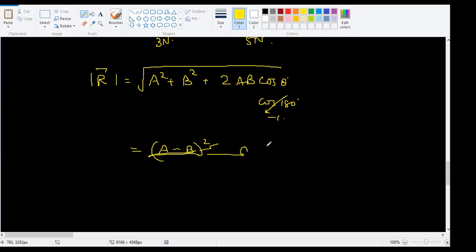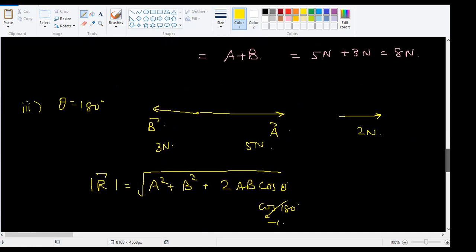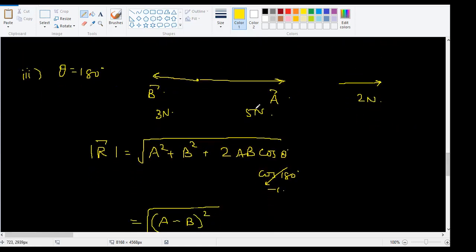The square and square root will cancel, so I'll be getting A minus B. And that's what we did over here. So that is another special case. Suppose if this was 3 Newton and this was 5 Newton, then it will be A minus B, so 3 minus 5, which is minus 2, which means it will be in the opposite direction.